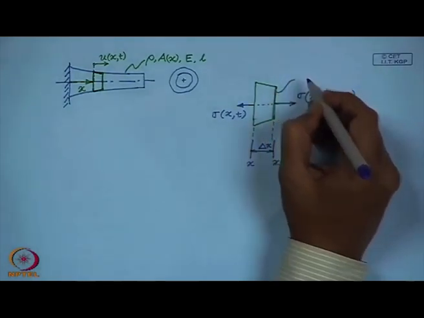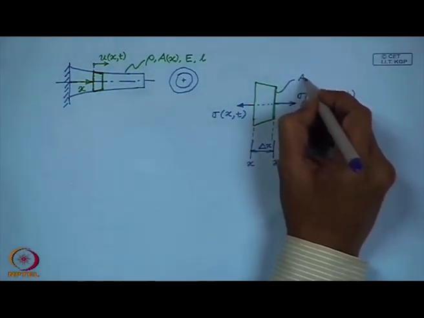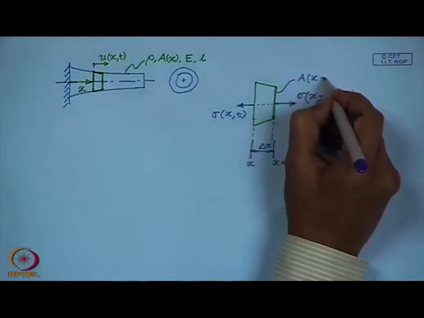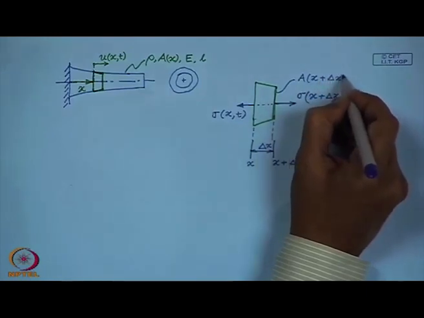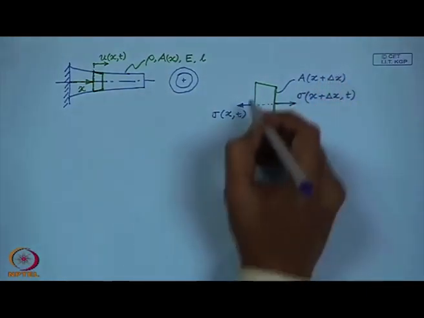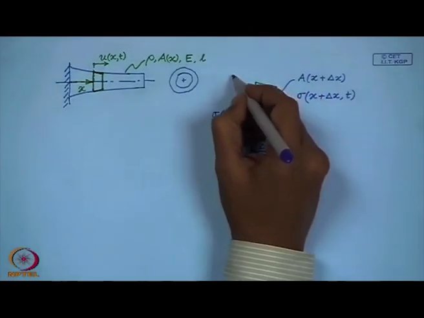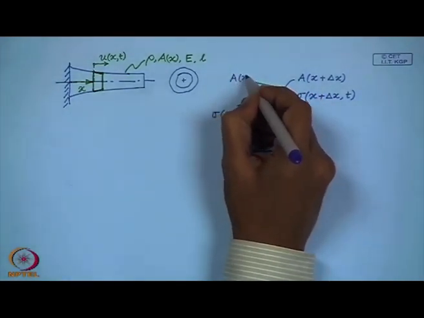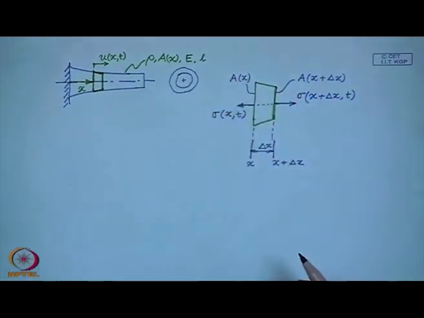Let this area be A at x plus delta x and this is A at x.